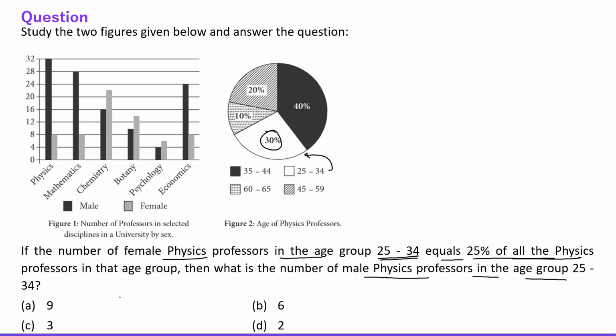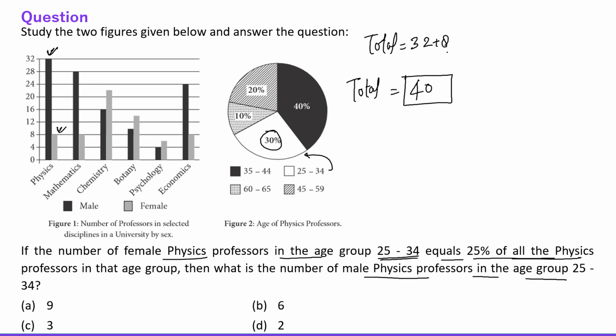Alright everyone, so first of all let's talk about the total physics professors. Total physics professors we have 40, we have already calculated in the first question, 32 male and 8 female.